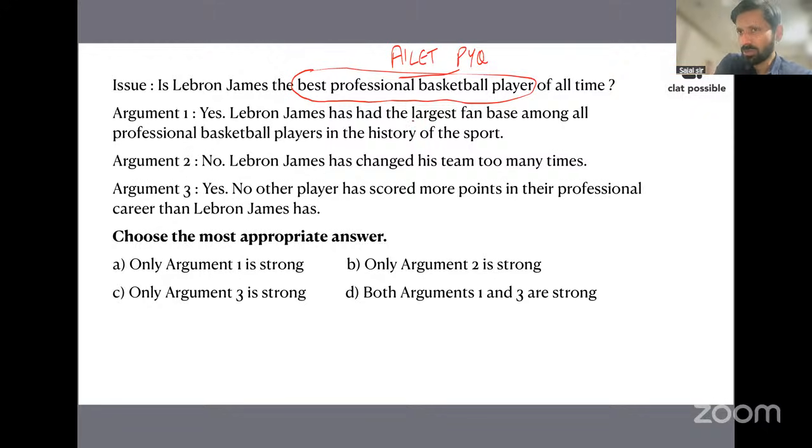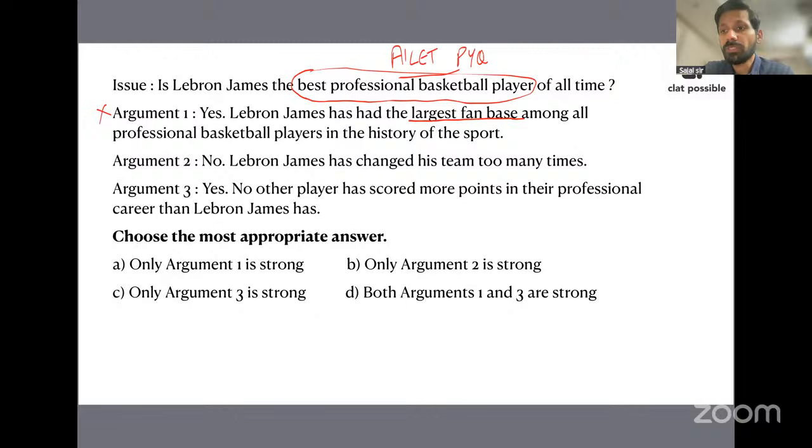Does this look like a good reason? Largest fan base? Because best professional player and fan base may not be linked. Somebody having a big fan base, but they're still not the best. That could happen, right? So, argument one is not a strong argument.